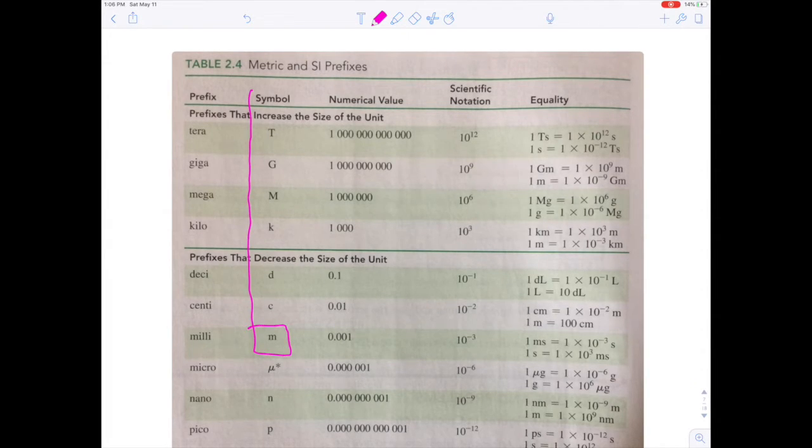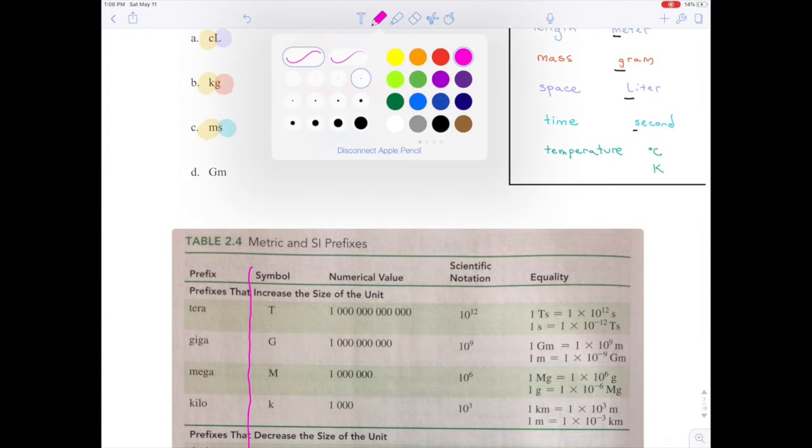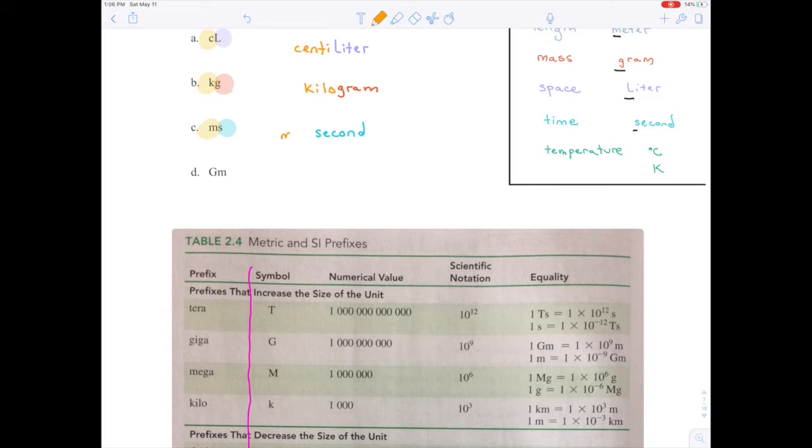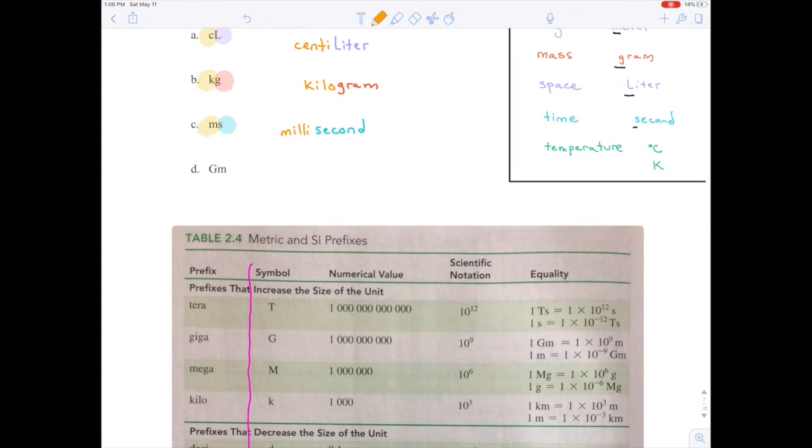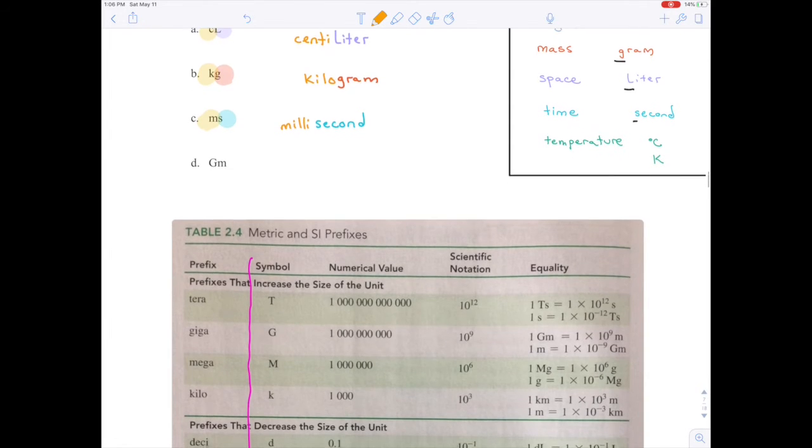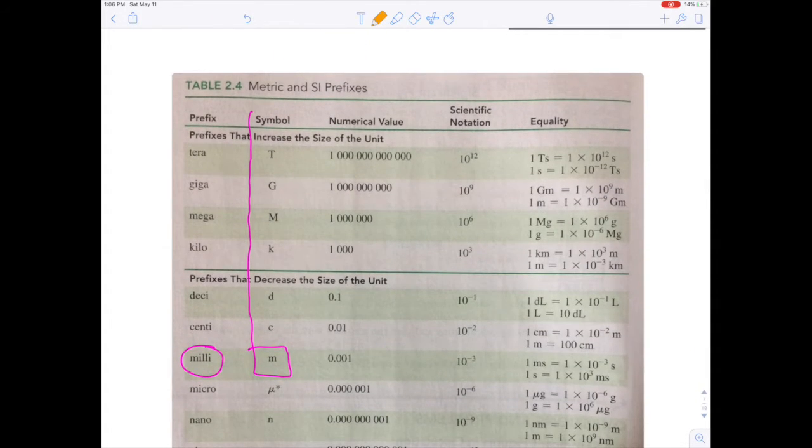Here it is. That's the prefix for milli. So this unit would be read as not ms, but milliseconds. And a millisecond is a really small unit. It's 1,000 times smaller than a second, a 1,000th of a second.